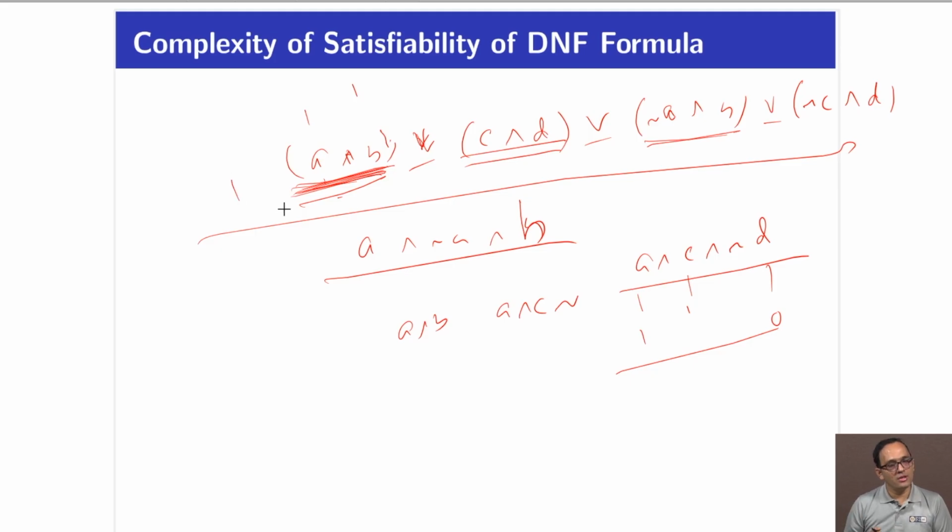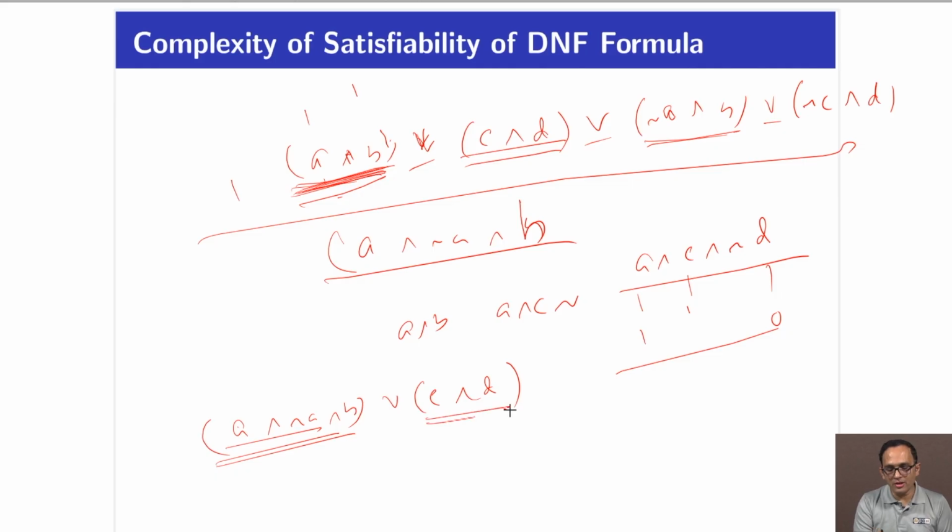But let us say I have the formula A and not A and B, or C and D. Because it has A and not A, this clause is always false. Then I go to the next one and check: there is no C and not C, or D and not D, so I just assign 1, 1, and this particular clause will be true.